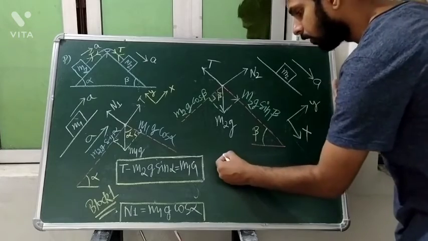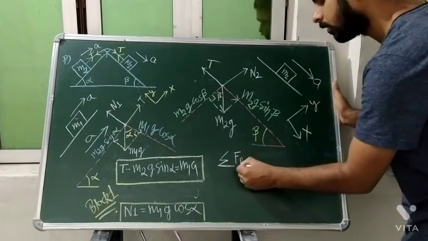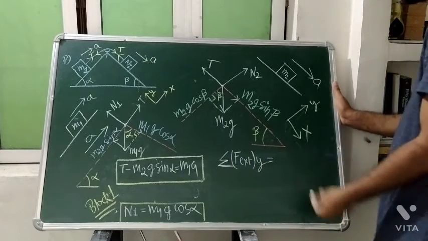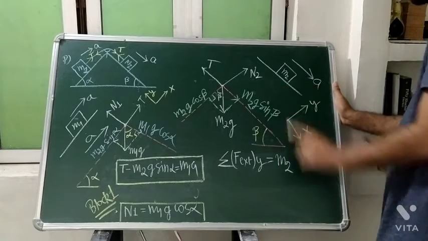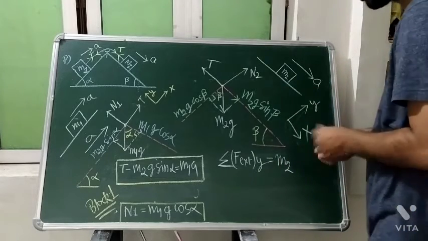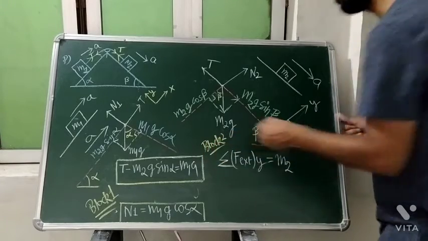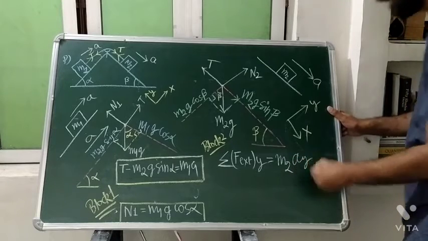So the vector sum of the external forces in y direction should be what, student? Mass times, m2 we are talking about now. There is block 2. Mass times acceleration in y direction.